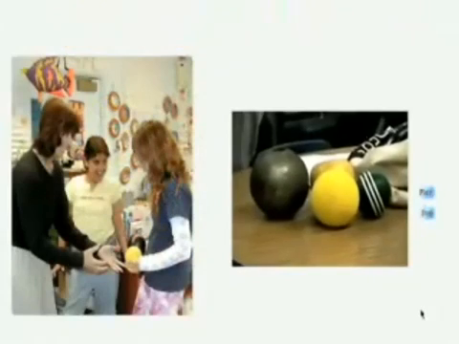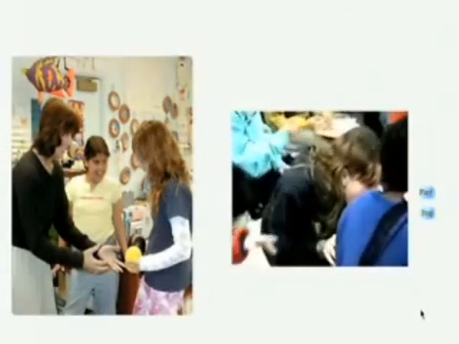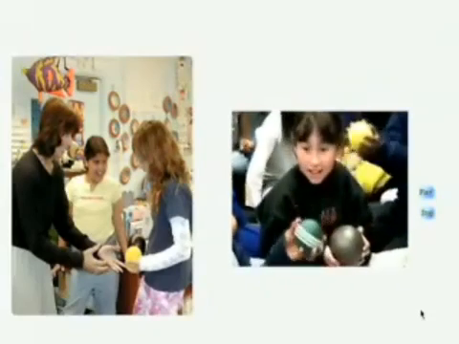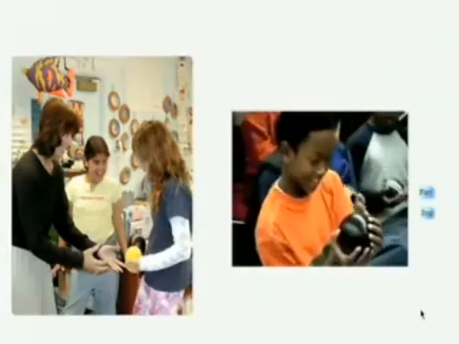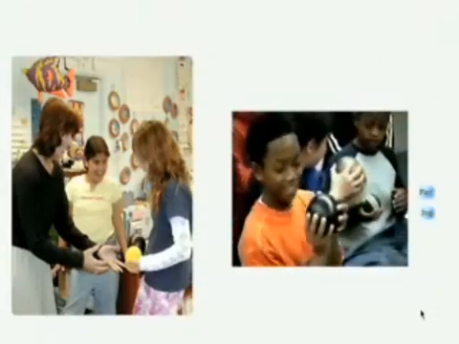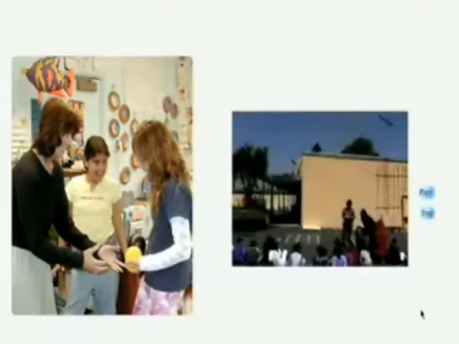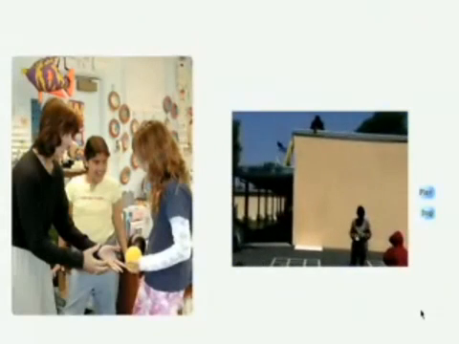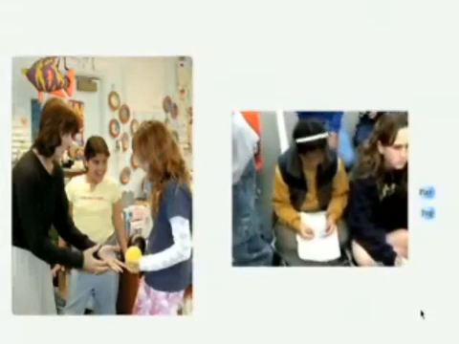Objects that you think will fall to the earth at the same time. Okay. Oh, do not pay any attention to what anybody else is doing. Who's got the apple?